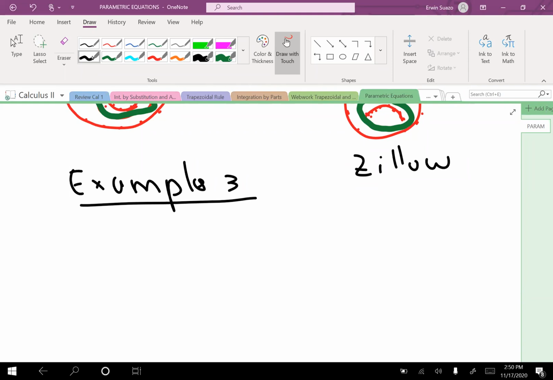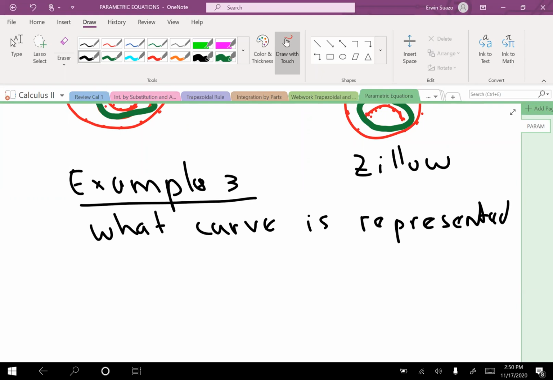Okay, so let's see. Try to answer the same question. What curve is represented by the given parametric equations?